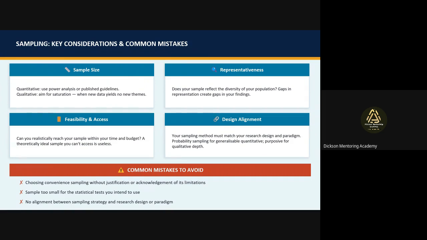There are usually published guidelines on the sample size. In qualitative research, aim for saturation. Saturation means when new data will not yield new themes. When you have reached that, you have reached saturation, and that sample is good enough.